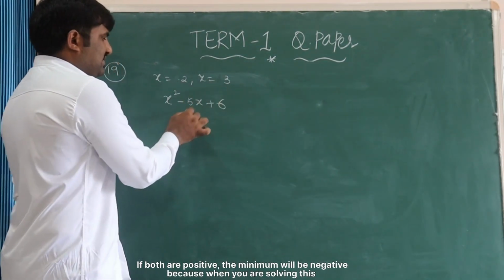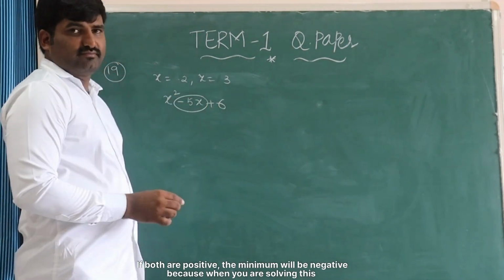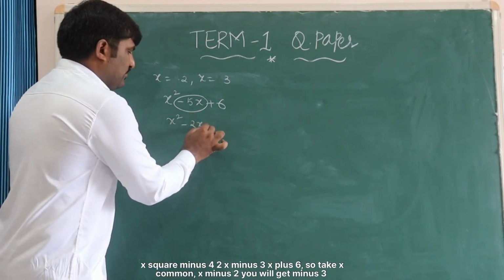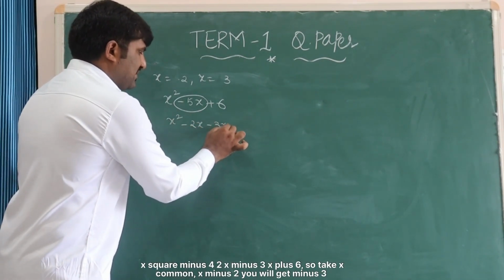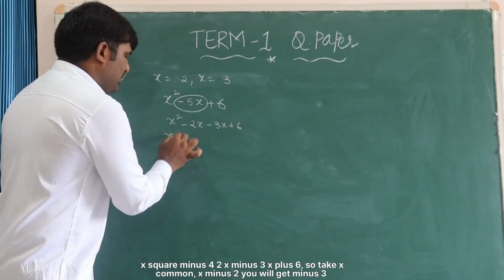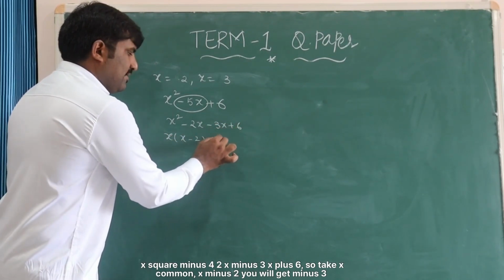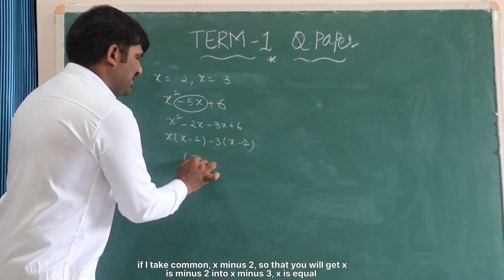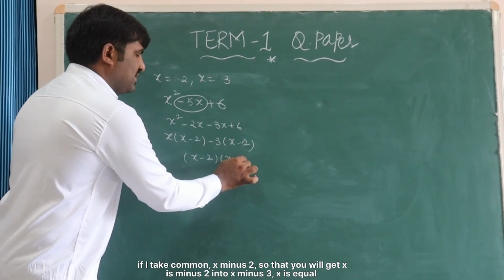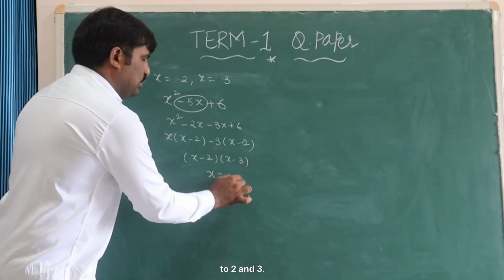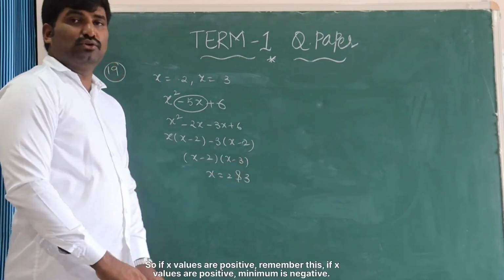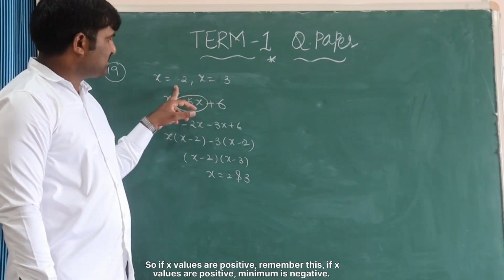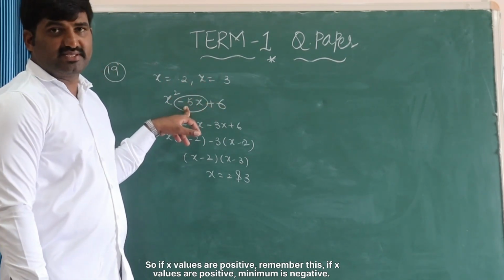If both are positive, the middle term will be negative, because when you solve this, x square minus 2x minus 3x plus 6, take x common, x minus 2 you will get, minus 3 you can take common, x minus 2. So you will get x minus 2 into x minus 3. X is equal to 2 and 3. So remember this: if the x values are positive, the middle term is negative.